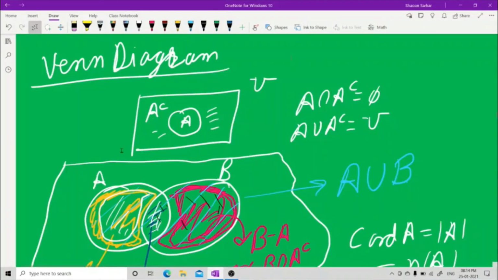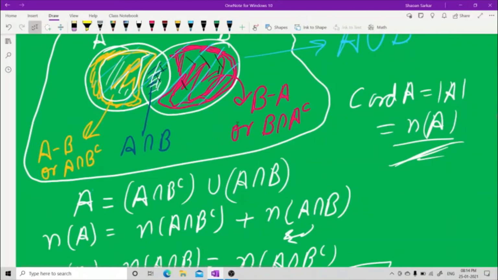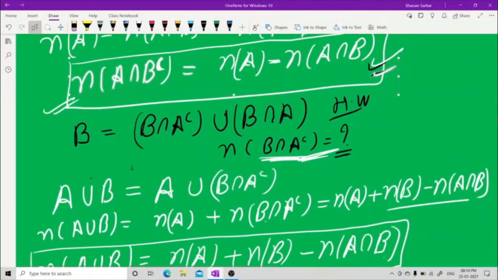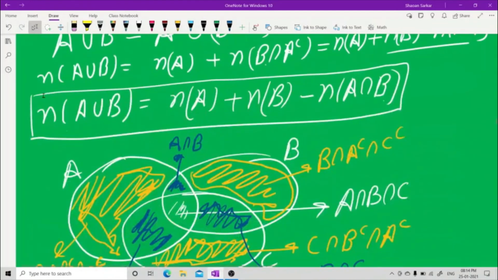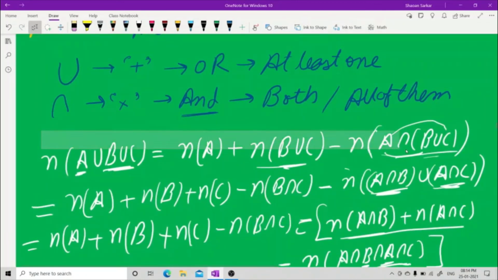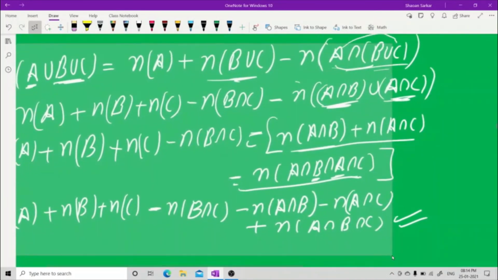Now we are coming back to the Venn diagram. We saw this relation; from this diagram, we found out this relation. This one completely, and the whole of this one till here. Just a minute.